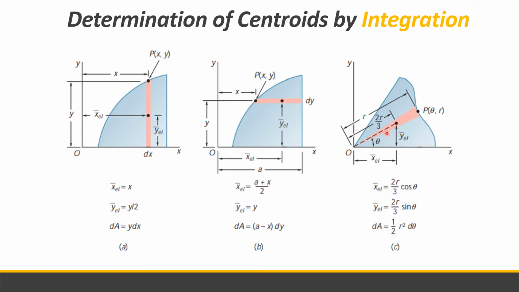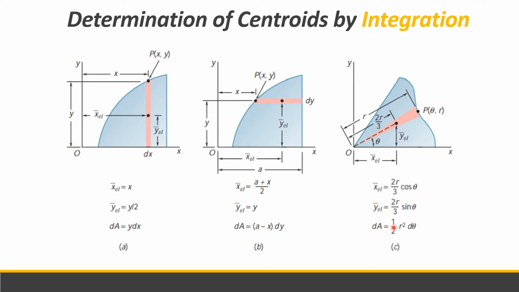So, the centroid of the triangle is 1/3 from the itong malaking side. But from the tip, it is 2/3. So, yung 2/3 is ito siya. But to get the vertical and horizontal component is, of course, gagamitin natin yung theta. So, for x bar el, that is 2r over 3 cosine theta.